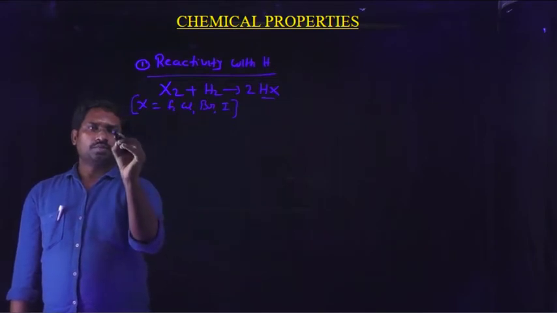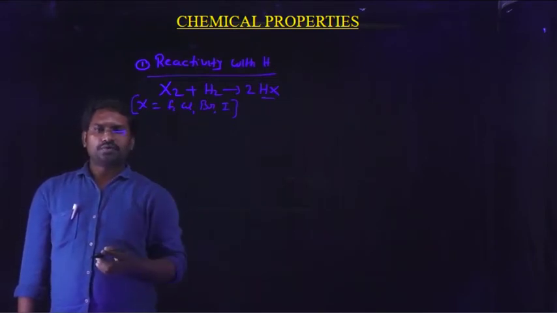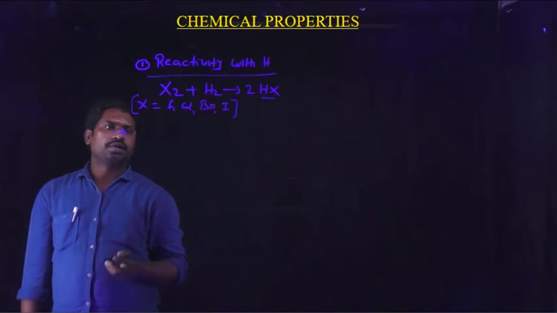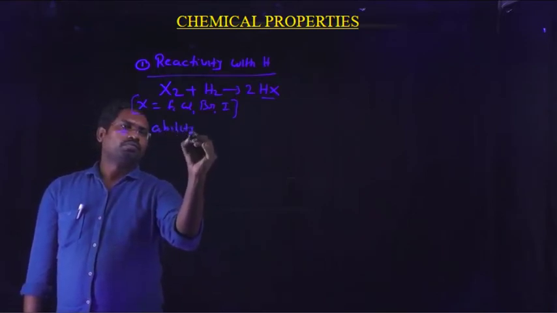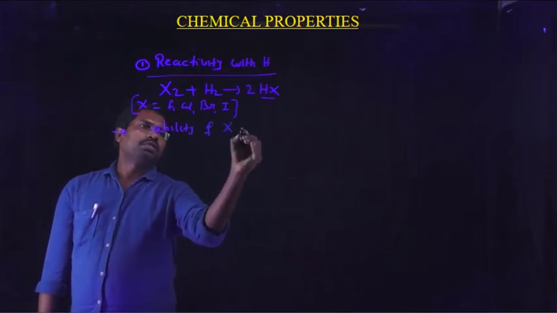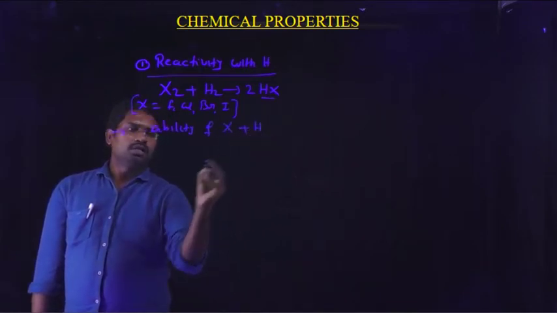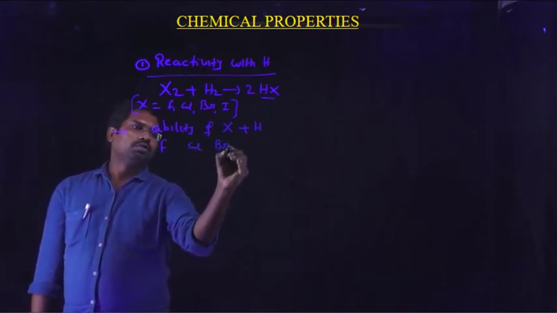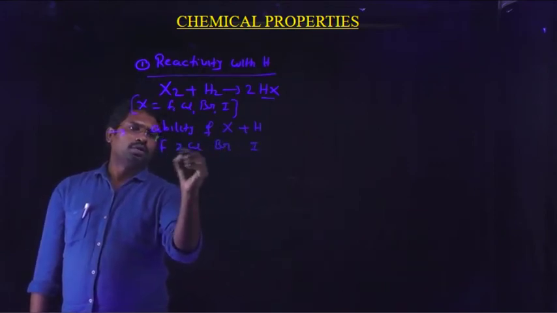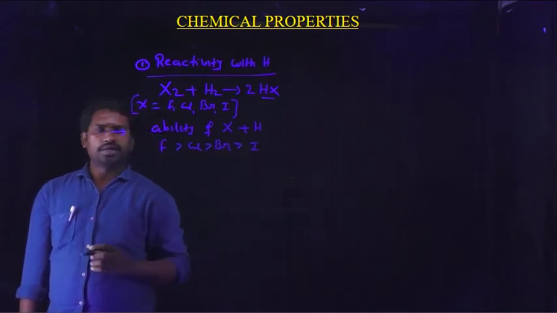Next, another important thing is the ability of halogens to combine with hydrogen. The ability of halogens to combine with hydrogen decreases in the order of fluorine, chlorine, bromine, iodine because of their electronegativity.